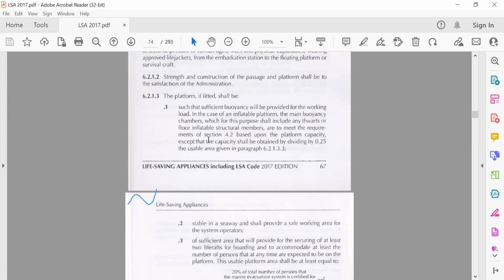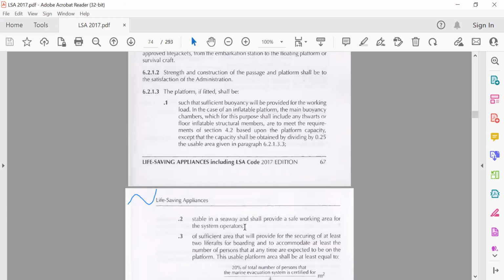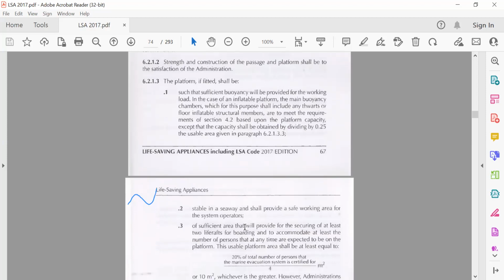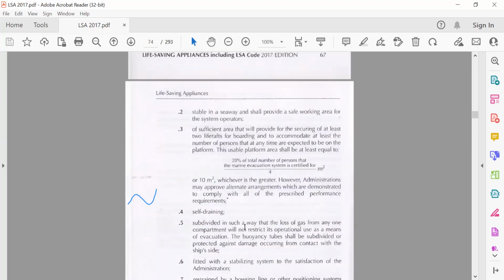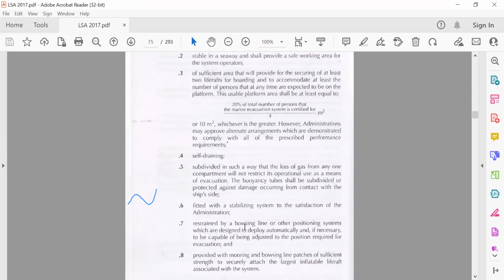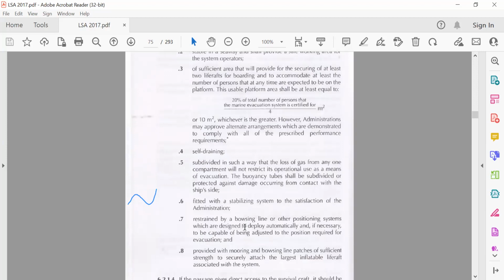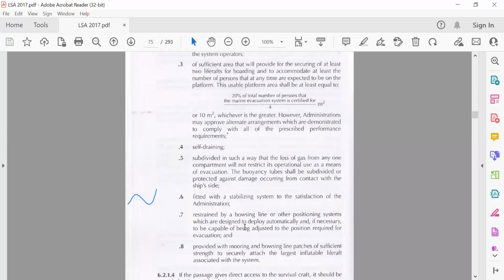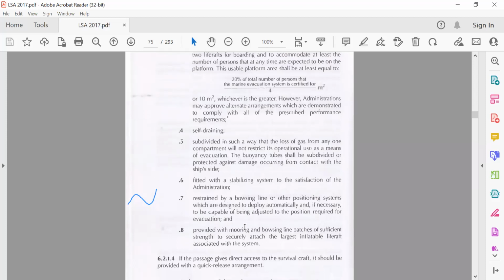This usable platform area shall be at least equal to 10 square meters, or the total number of persons that the marine evacuation system is certified to carry divided by 4 in square meters, whichever is greater, or however the administration may approve alternative arrangements which are demonstrated to comply with all the prescribed performance requirements.